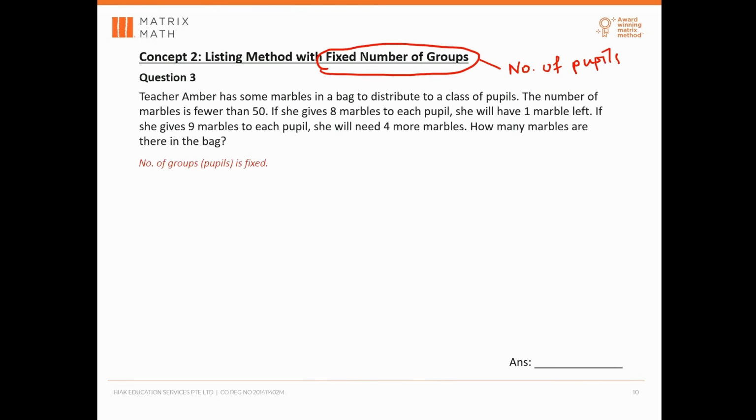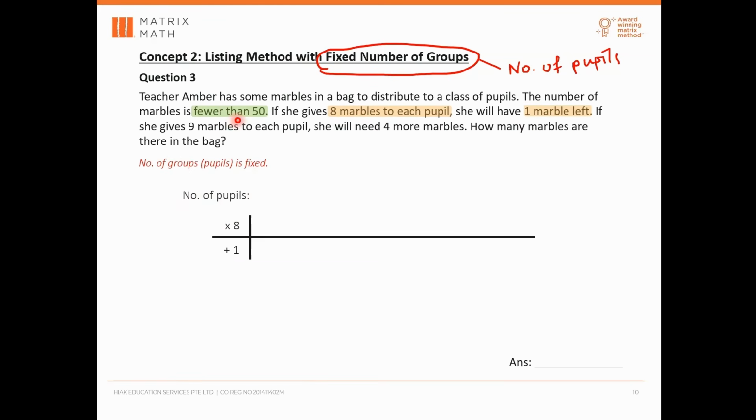All right, okay. So what's the difference between the solutions for this concept and the previous concept? Since we have fixed number of groups, fixed number of pupils, you have to indicate this in your solutions, in your working, okay? Number of pupils. The first scenario is 8 to each, and then 1 left. This is similar to what we did.